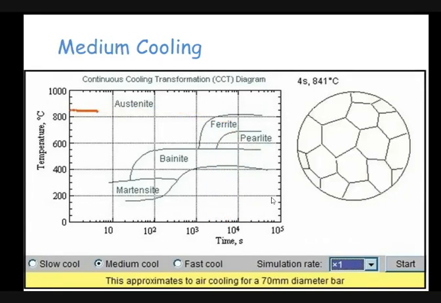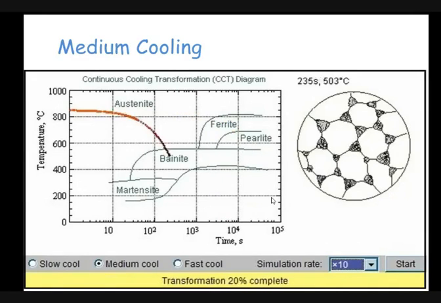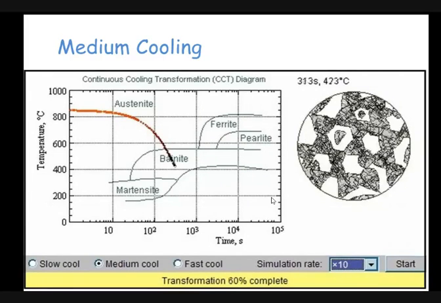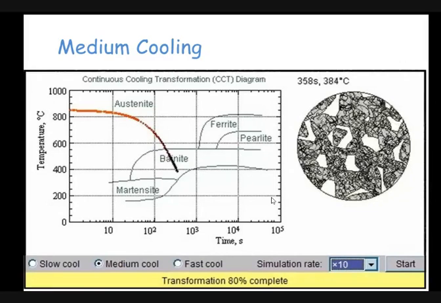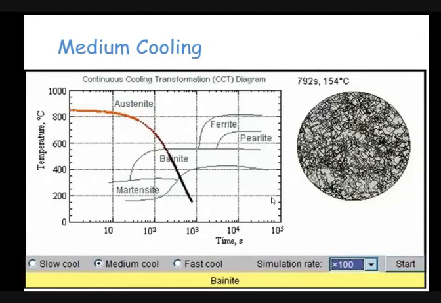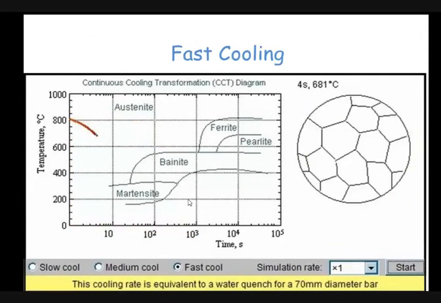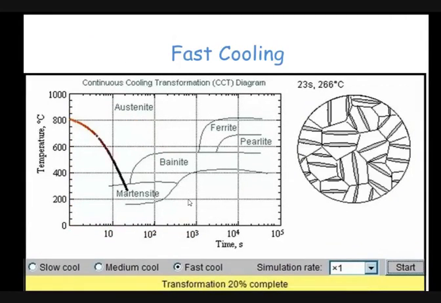So medium cooling: directly from austenite you are quenching into the bainitic region, so you will get bainite. Bainite is now growing continuously, and you will get 100% bainite here. Now you are going for fast cooling. So from austenite directly to martensite, you can see it is a lenticular, lens type structure. It is a needle type structure.